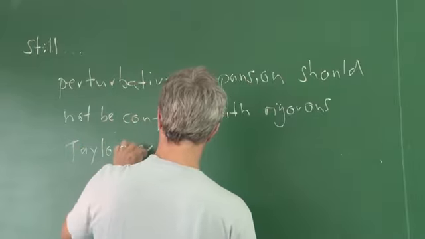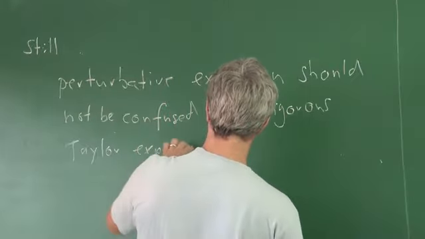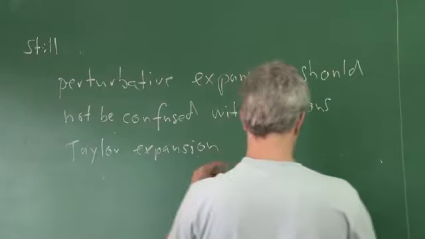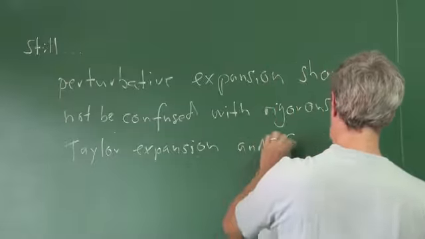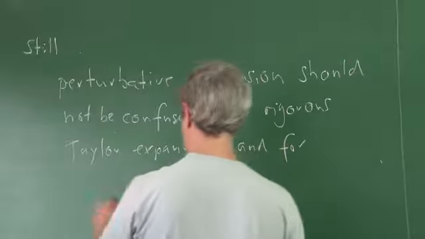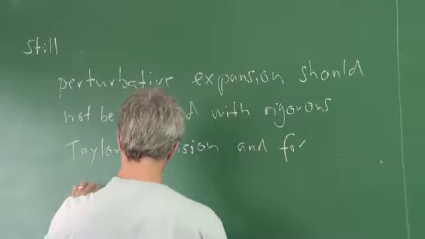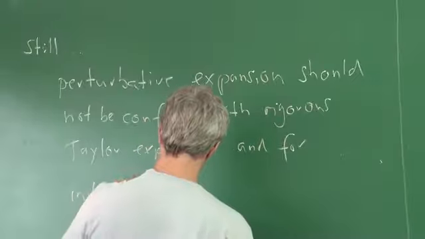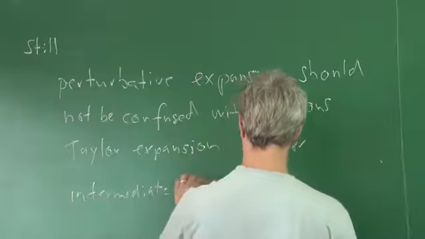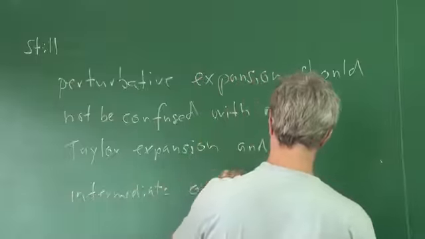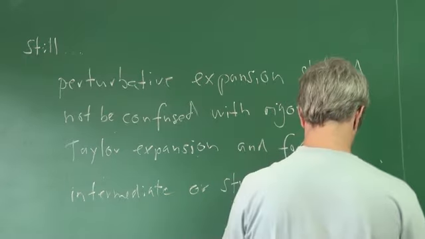While this is really not a problem for QED, if you look at theories at intermediate or strong coupling, where g is not that small, one definitely has to keep this in mind.